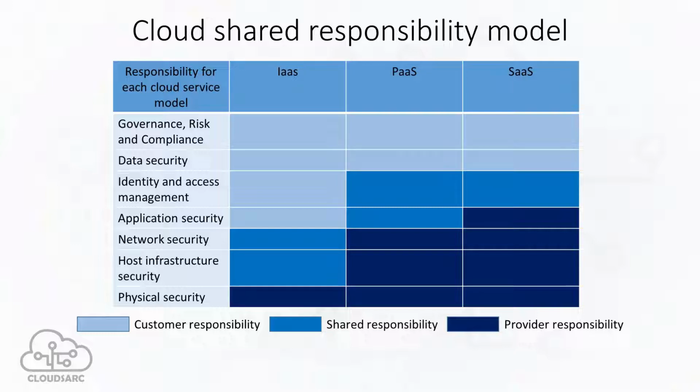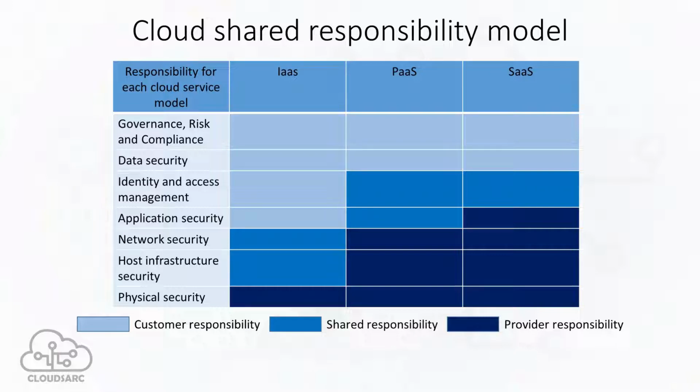As you can see, some of the areas are marked as shared responsibility. This means between you as a customer and the cloud service provider. Depending on the type of service, the administration is split between the customer and the provider. For identity and access management, you usually have full control as a customer over identities and access rights. However, the administration interfaces are delivered to you as a service by the cloud provider.